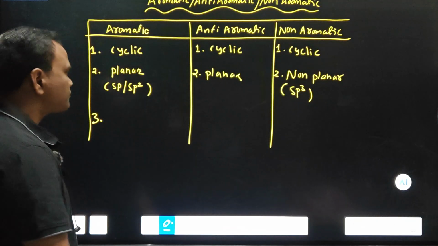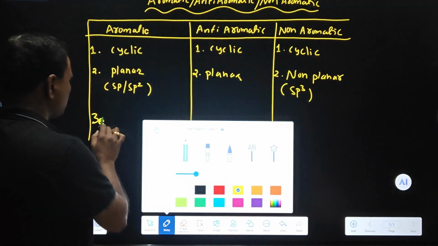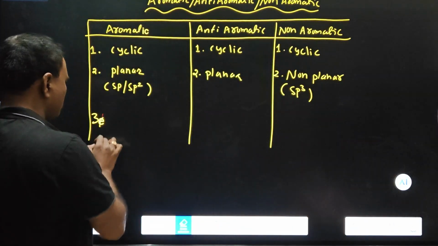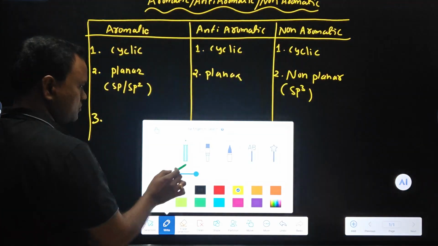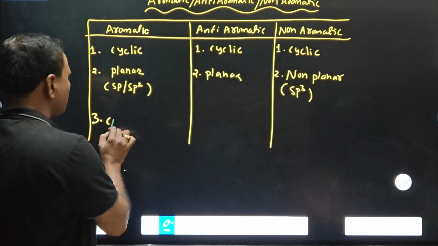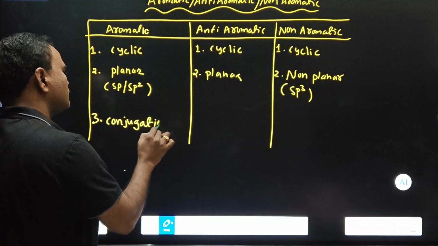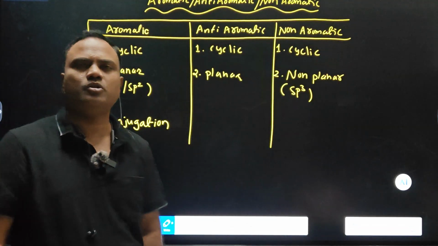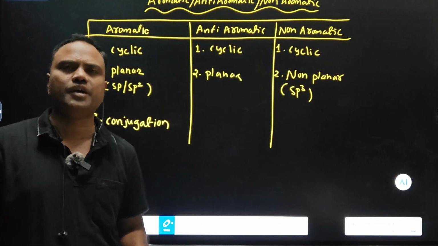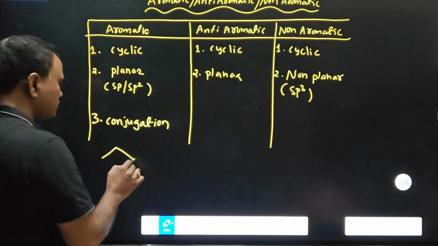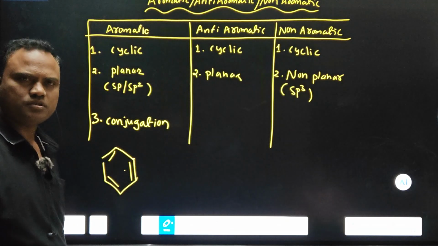Third one: conjugation should be present. Conjugation means alternate double bonds, or a double bond connected to a positive charge, or a double bond connected to a negative charge. Double bond, single bond, double bond, like this.